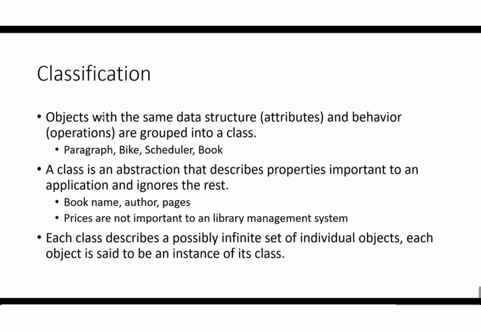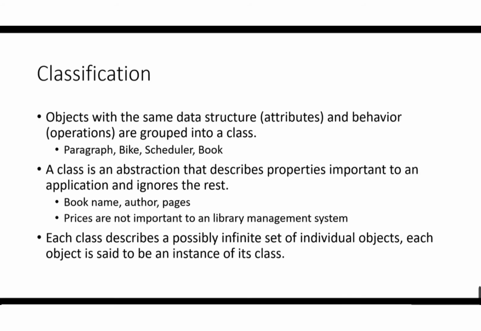So objects with the same data structure and behavior are grouped into a class. For example, in an article, there may be many different paragraphs, but all of them can be abstracted into the same class, paragraph.